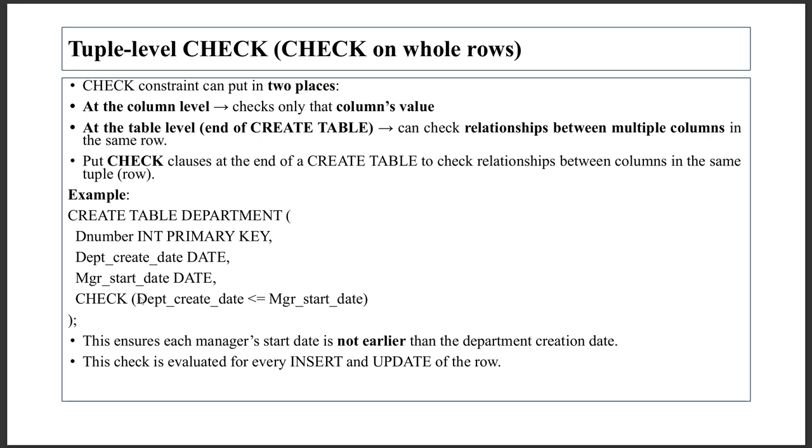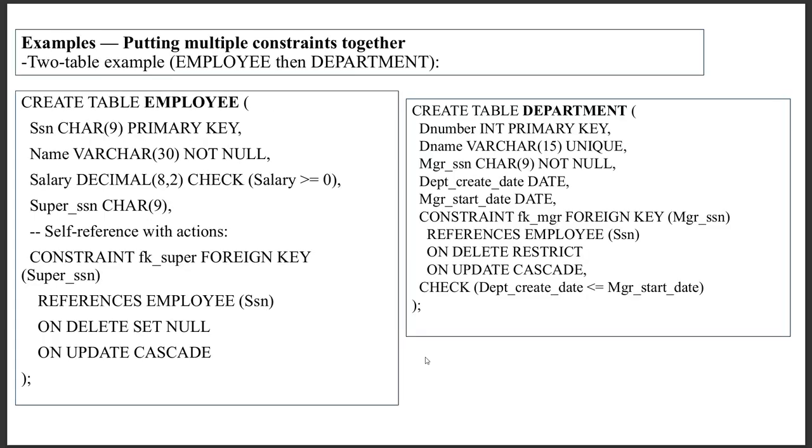Check means here I am giving an explicit condition that department create date should be less than or equal to manager start date. So I need to insert the records in such a way that it satisfies this check constraint. This ensures that each manager's start date is not earlier than the department creation date. This check is evaluated for every insert and update of the row.